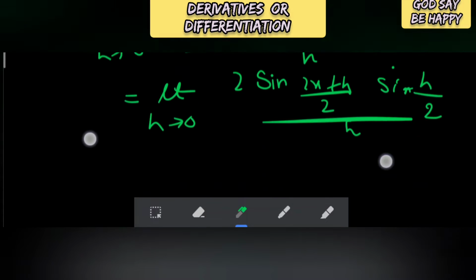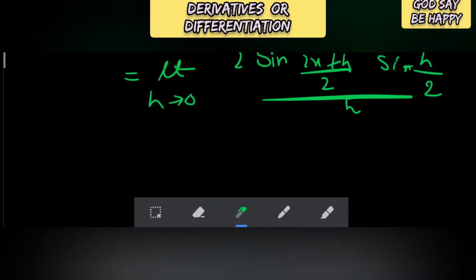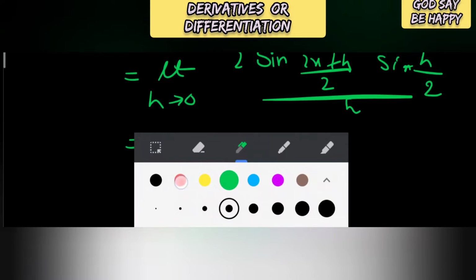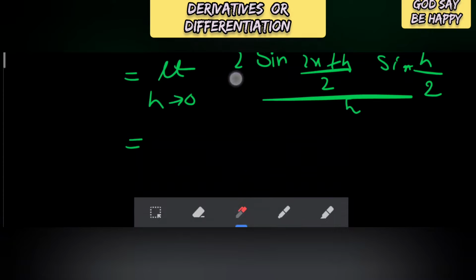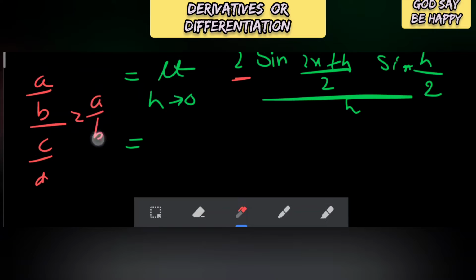Now, as you can see, this 2 can come in the denominator. It is like (a/b) upon (c/d) equals (a/b) into (d/c). Hope you understand.